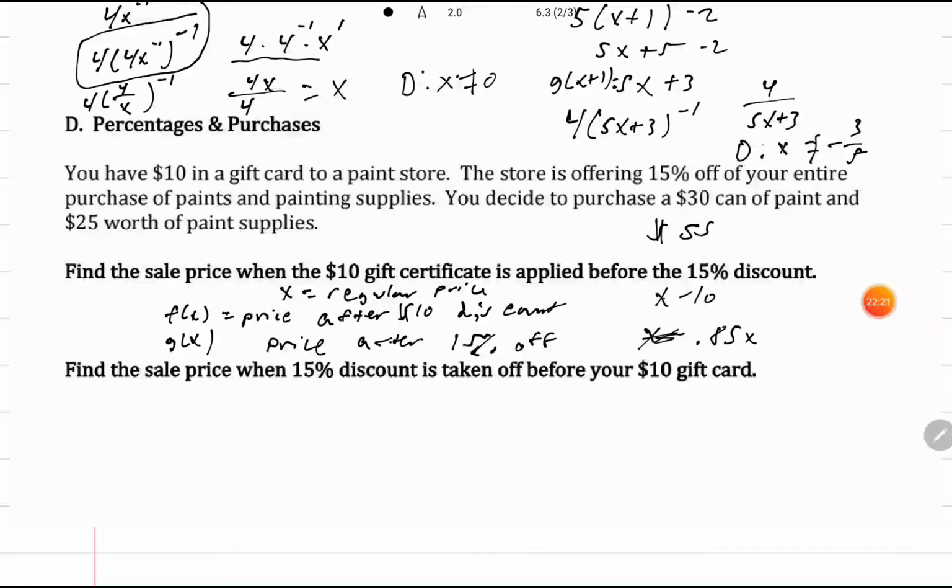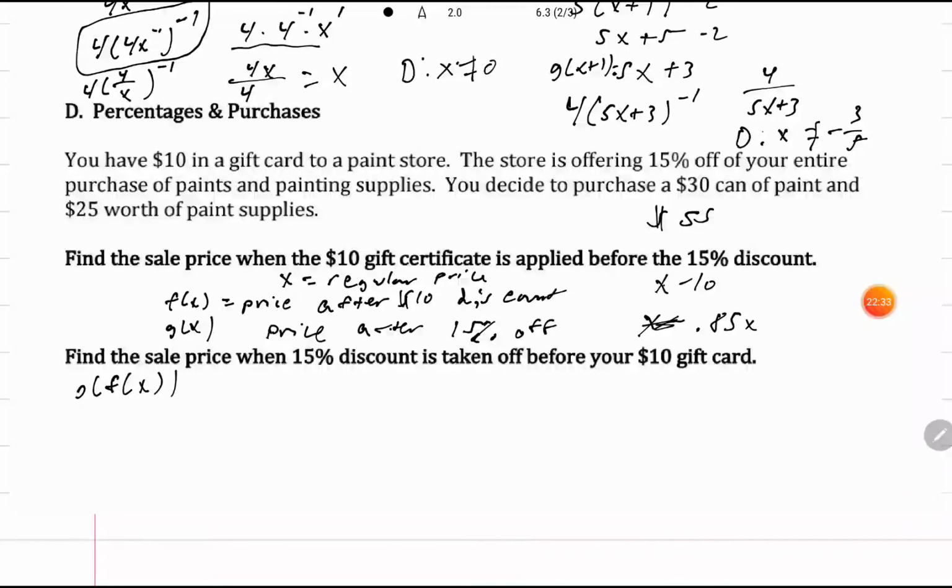So we're doing g of f of x. And what that means is the $10 gift certificate being applied before the 15% discount. Okay? So we have x minus 10.